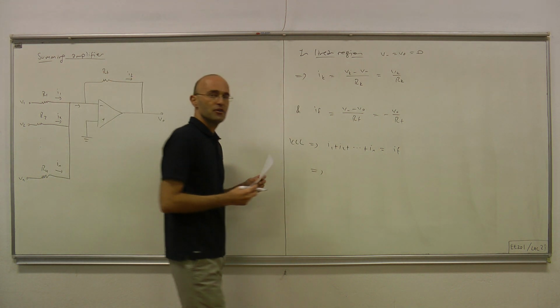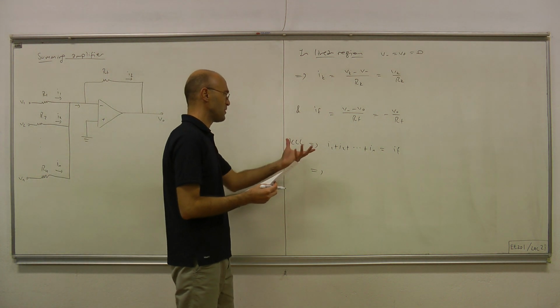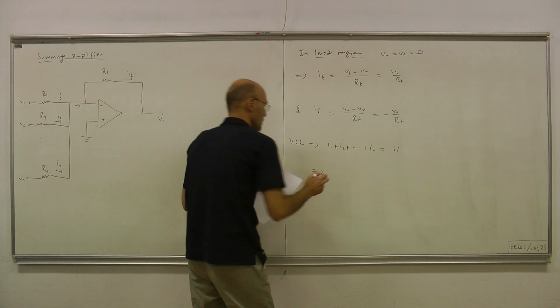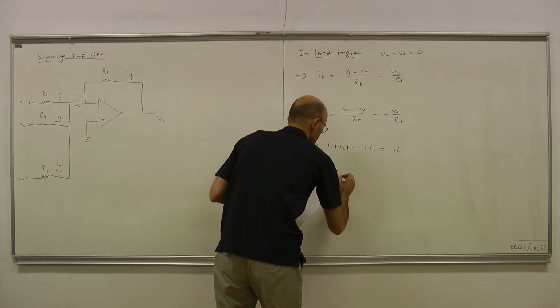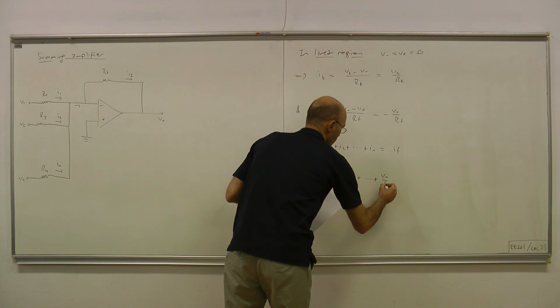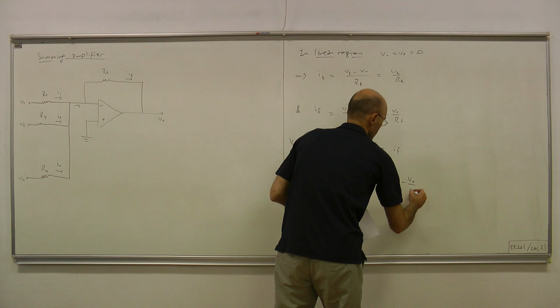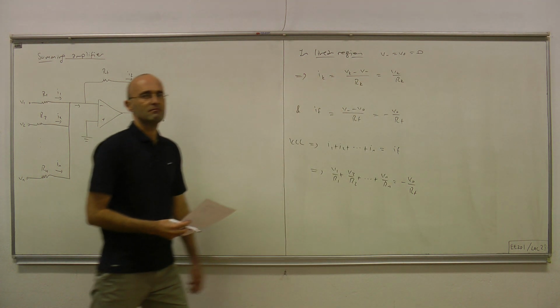And express that equation in terms of voltages. So what you have is V1 over R1 plus V2 over R2 plus Vn over Rn equals IF, that is minus V out over RF.